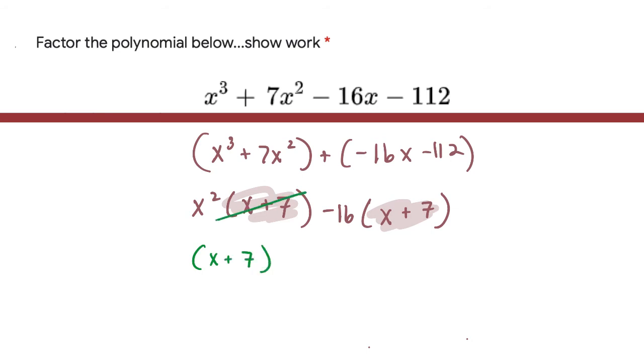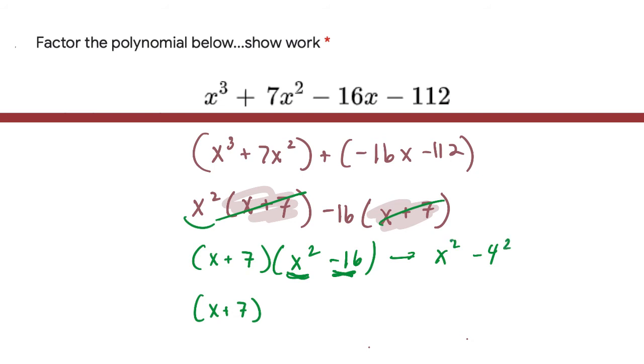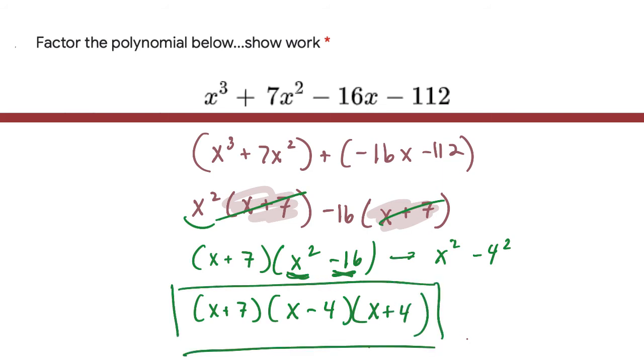When I take it out of here, I'm left with the x squared minus 16. And I can go one more step. This is a difference of squares. This is an x squared minus a 4 squared. And difference of squares, x minus 4, x plus 4. And there is the complete factorization.